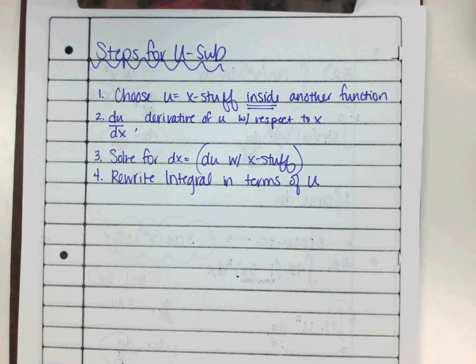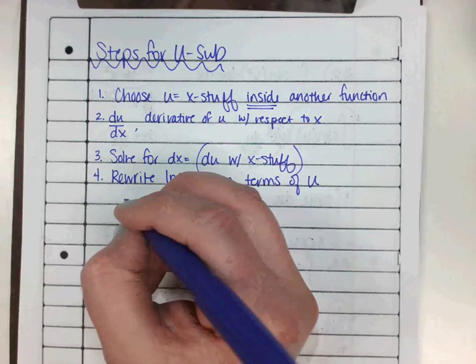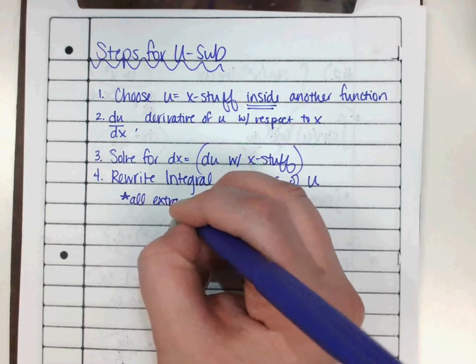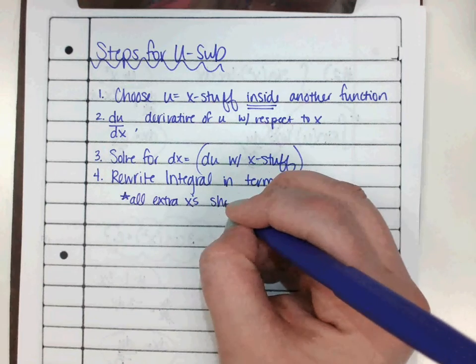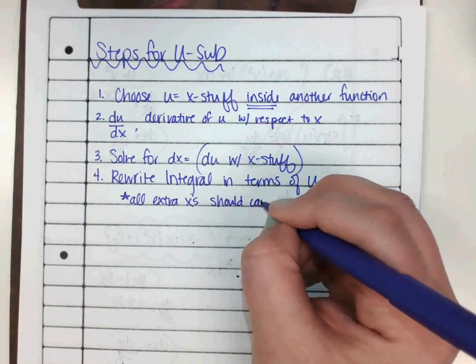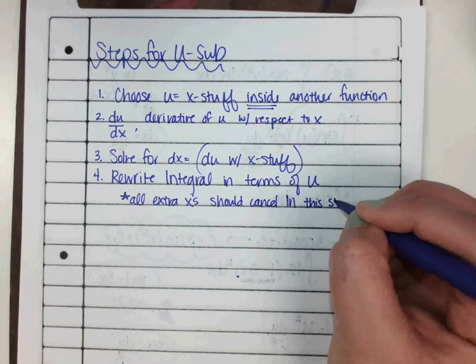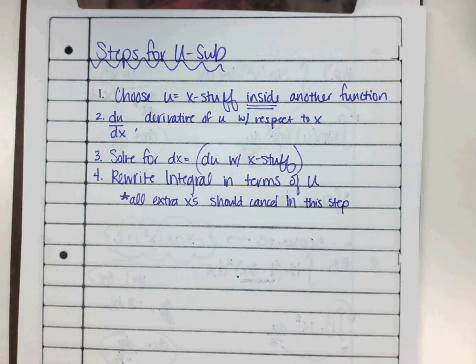In this step, when you rewrite it, if you have any x's, they have to cancel out. You cannot keep going if your x's don't cancel out. So I'm going to put here, all extra x's should cancel in this step. So if I had an extra 6x left over, the 6 can stay, but the x better cancel out.